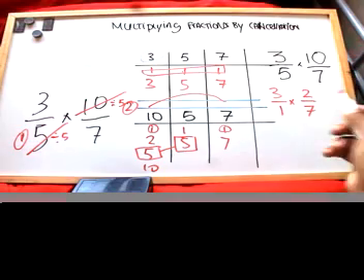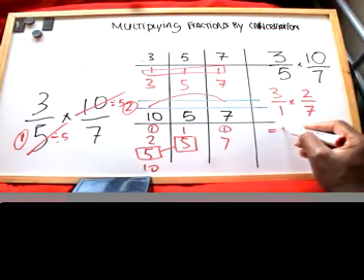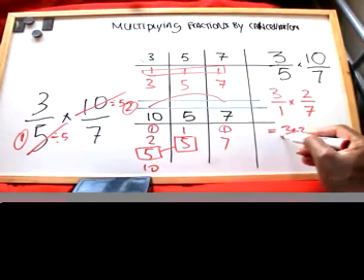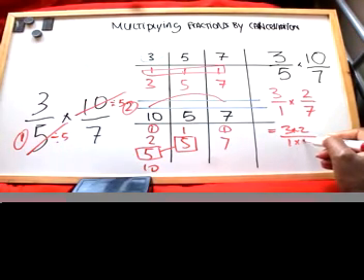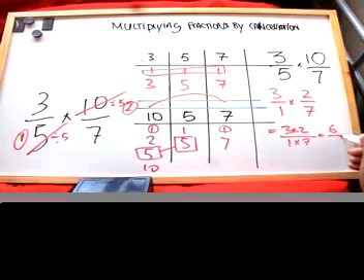Now we can work this out. This equals 3 times 2 over 1 times 7, which equals 6 over 7. Now, if you tried to simplify this any further, you would find you would get 6 over 7 anyway, because they have no common factors. 6 and 7 have no common factors except 1.